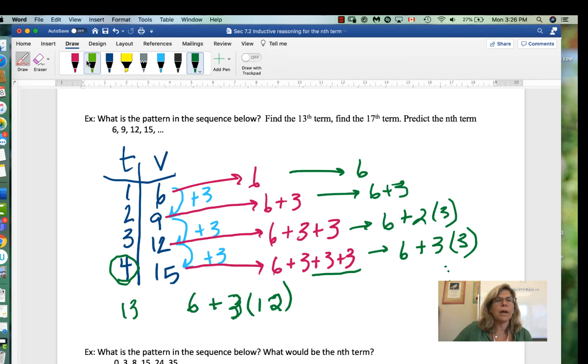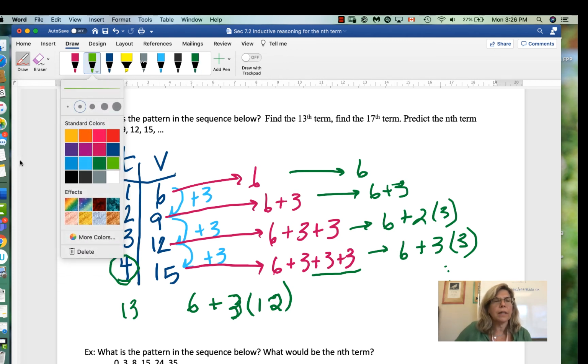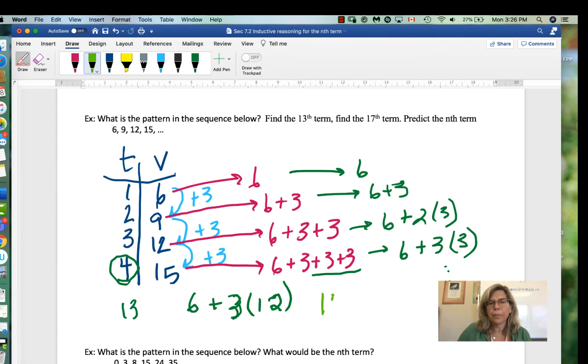And if we want to find the 17th term, well, that would equal 6 plus 3 times 1 less than the term number, so 16.